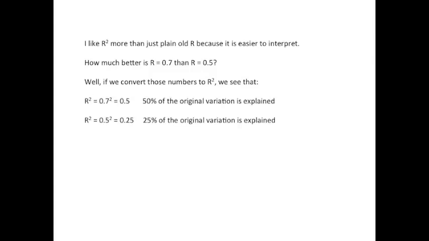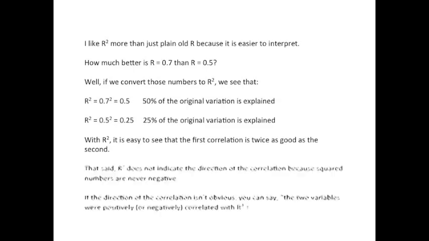When r squared equals 0.5 squared, which equals 0.25, we see that only 25% of the original variation is explained by the relationship. With R squared, it's easy to see that the first correlation is twice as good as the second. Explaining 50% of the original variation is twice as good as only explaining 25% of the original variation.